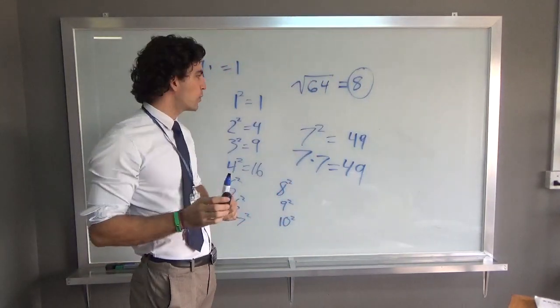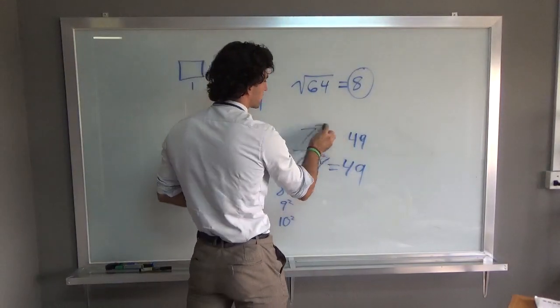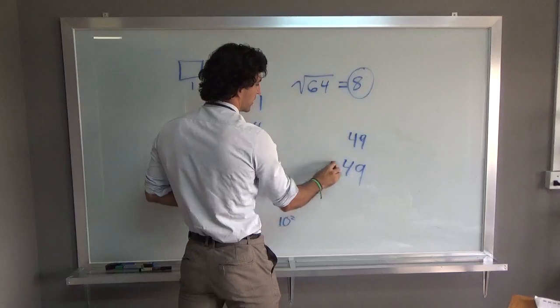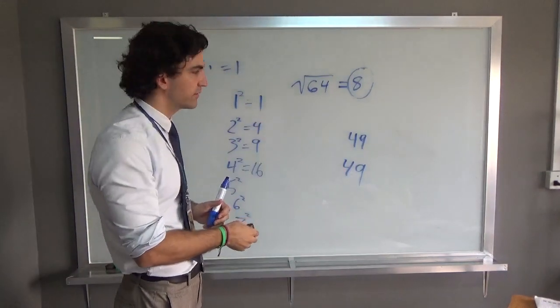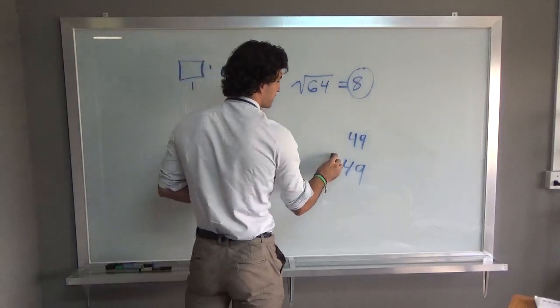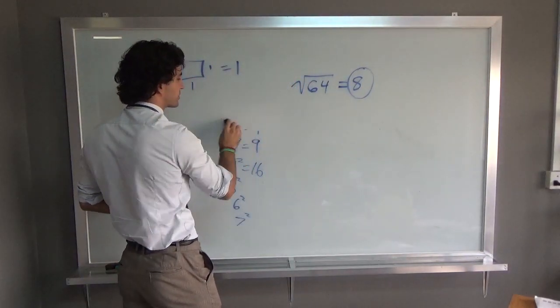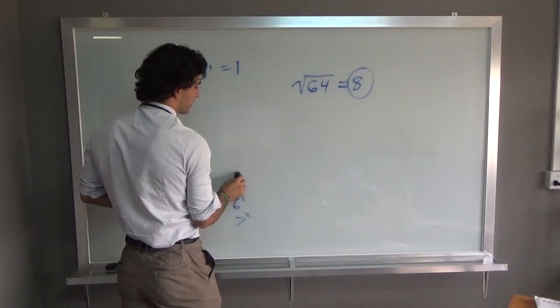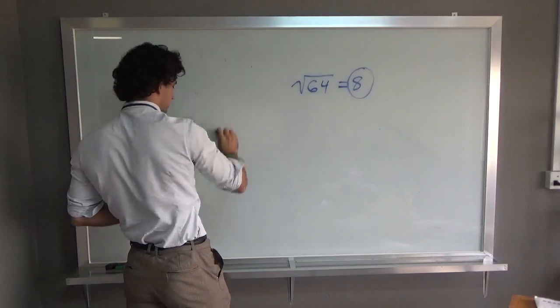I want to add one thing, that when you take the square root of a number, normally I will be looking for the positive answer, but there are actually two answers that result from many square root functions.